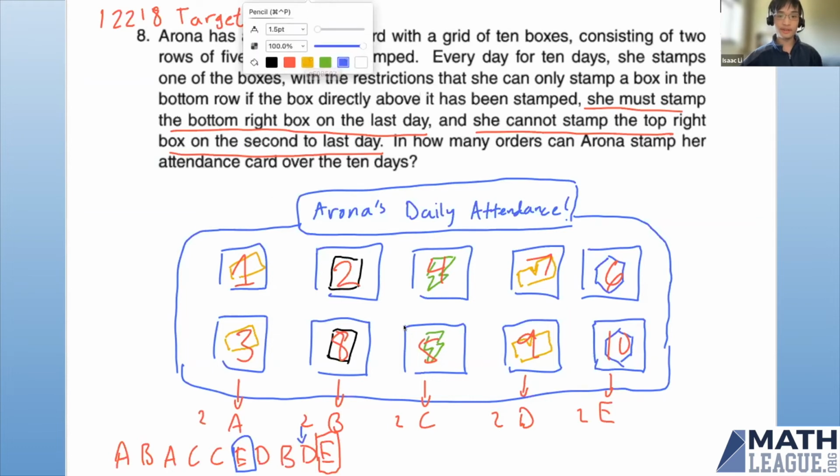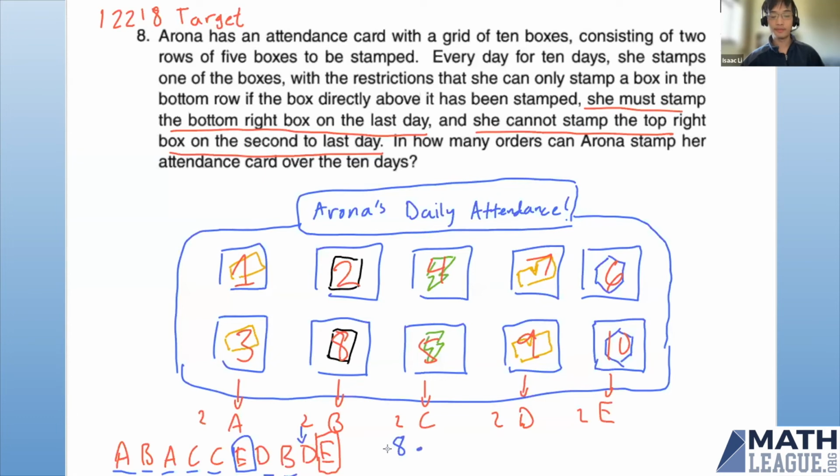So what is our total number of ways to rearrange the strings? Well, the last E has to go in the last spot, and this other E can go in one of these 8 other spots. So that's 8 ways to place the E. Then we just need to place the A's, B's, C's, and D's in the other spots.